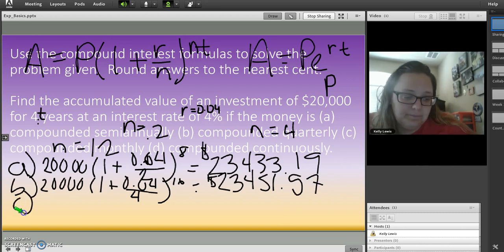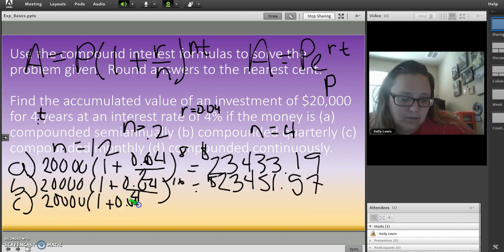Now let's do C. So now instead of 2 or 4, I'm going to use 12. So for N, 20,000 times (1 plus 0.04 over 12), and then I'm going to do 12 times 4, 48 right here.